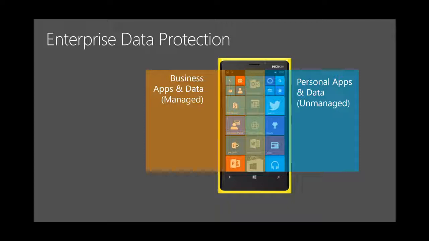Yes, Word is an enlightened application. It knows about EDP. It knows about sources of documents and targets of documents, etc. So if the document is an enterprise document, it will be encrypted. If the user wants to do his shopping list in Word, he can still do his shopping list in Word.